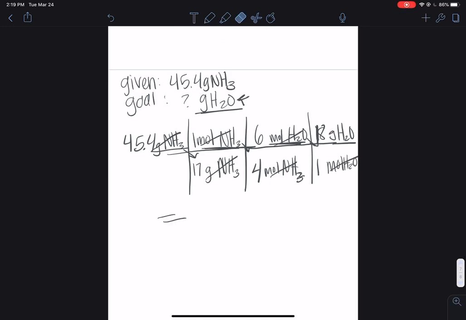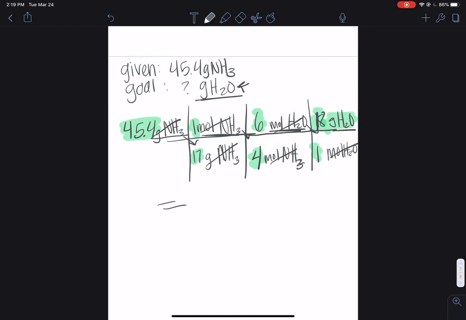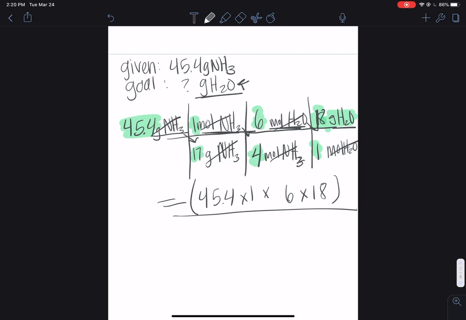And if you notice, all I have is number, unit. So there's only 1 unit left. So what you do is you're going to take 45.4 times 1 times 6 times 18, all of that divided by 17 times 4 times 1.